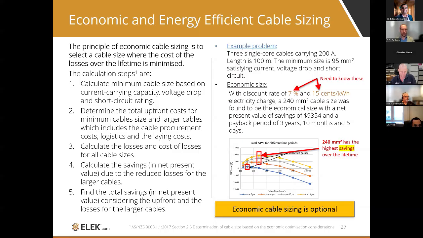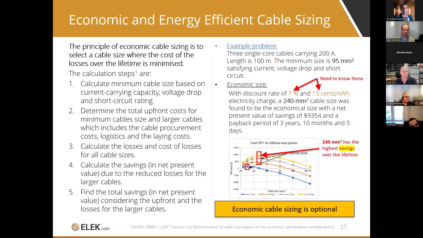Probably the biggest resistance that we see from users is that they need to sell it to their clients. But for operators and manufacturers who are just doing their own designs, they definitely consider the lifetime losses.